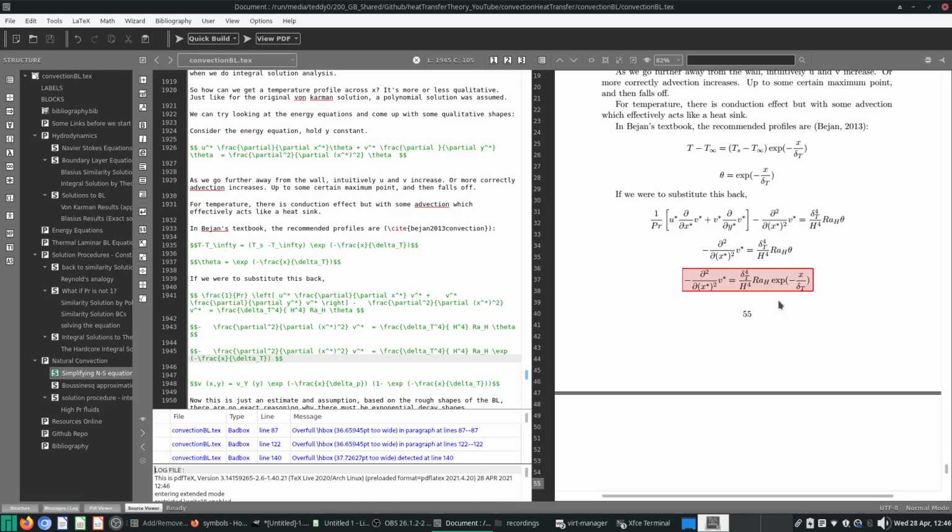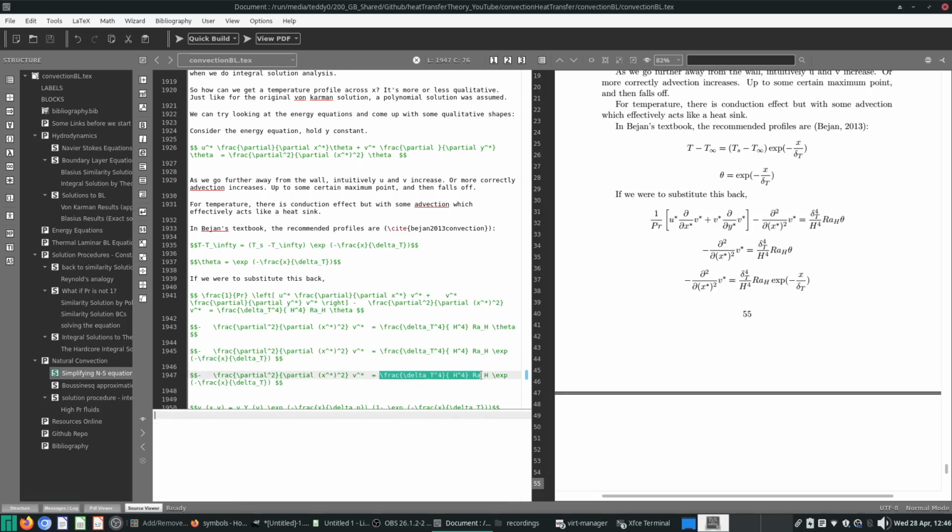Okay, when we hold y to be constant, the Rayleigh number at h will be constant. This ratio should also be constant with y because this whole term here is on the order of magnitude of 1. So yeah, actually let me just make it clear.